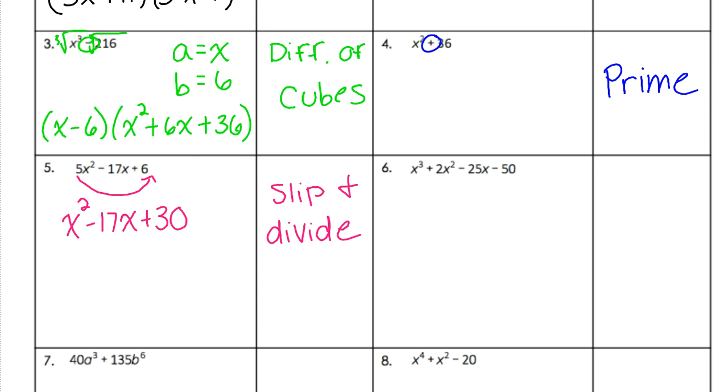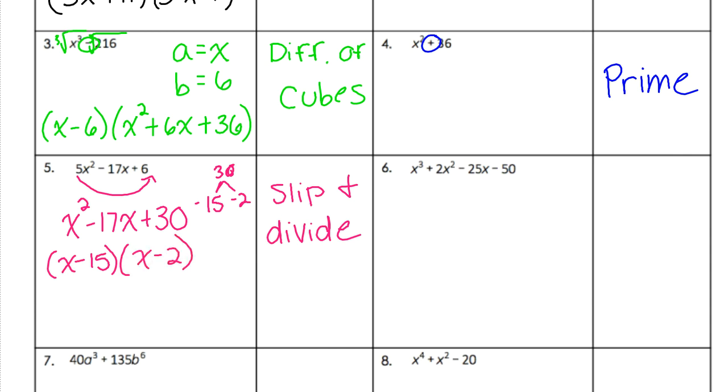So then remember that I'm looking for factors of 30 that are going to add up to 17. So when I do that, let's see, 15 and 2 both need to be negative to add up to negative 17 and multiply to 30. So my two factors are x minus 15 and x minus 2.